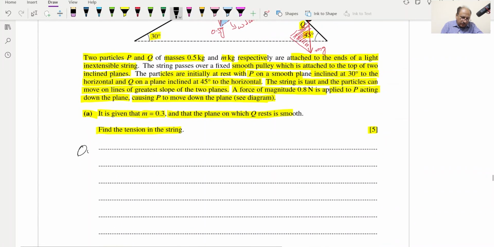If we check for P, what will be the situation? It will be 0.8 newtons force on the left side, 0.8 newton force, and plus w sine of theta.